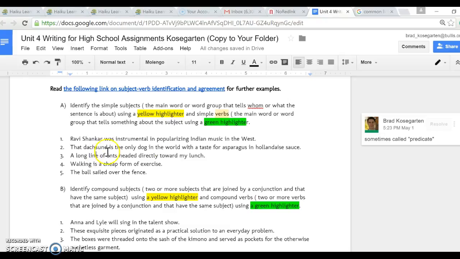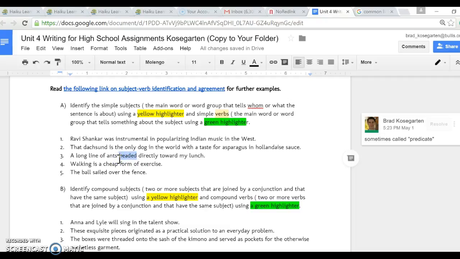Line headed. Line would be the subject. Long is an adjective. Of ants, prepositional phrase. So this subject, it's not the ants that headed, although that would make sense. It's the line headed.